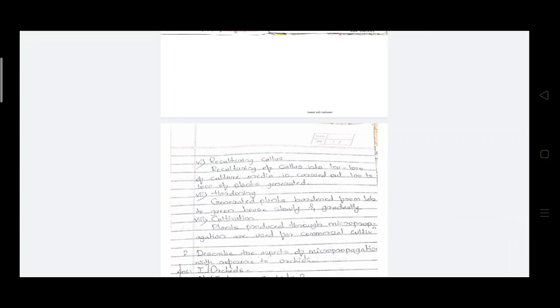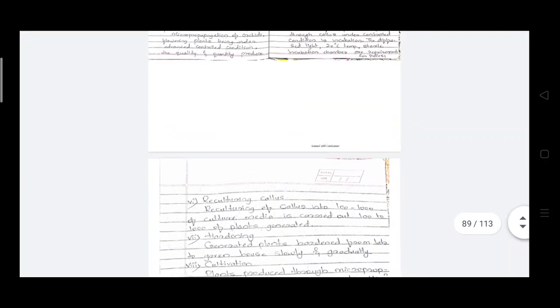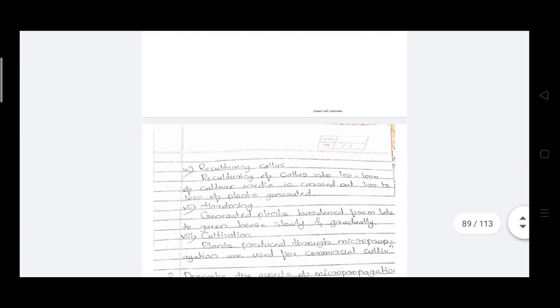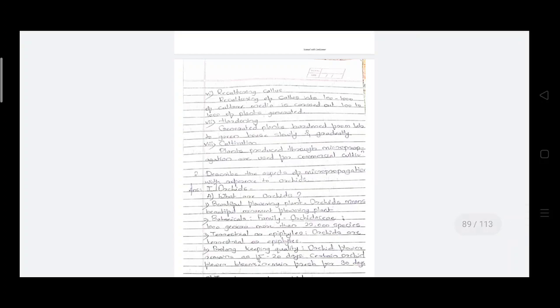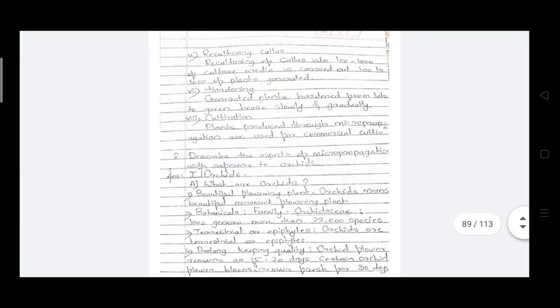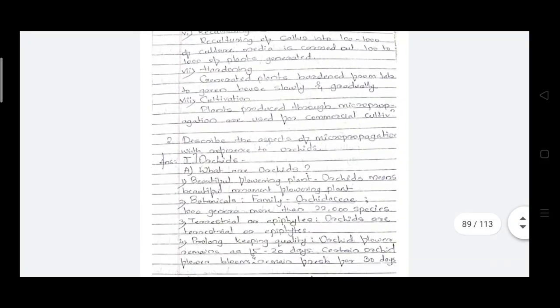So these points I already discussed with you. So you have to write all these points in the question, describe aspects of micropropagation with reference to the orchids. So this is all about orchid micropropagation. I hope all of you have understood this point. So now I stop here.